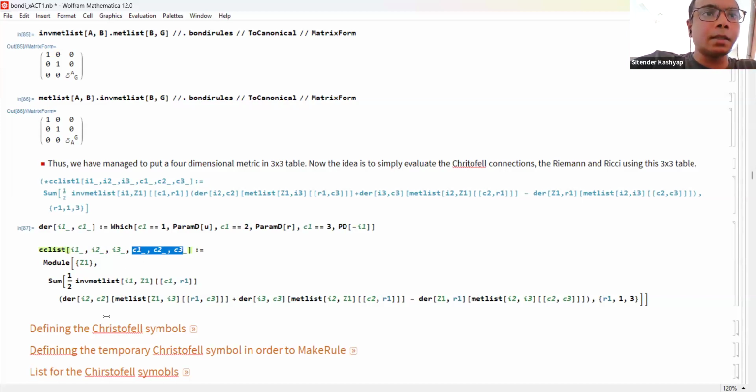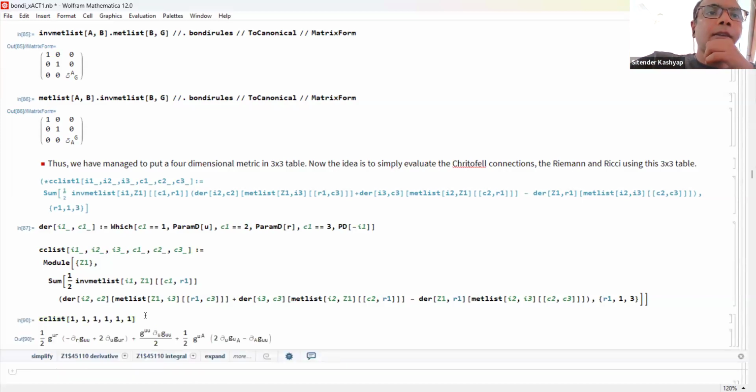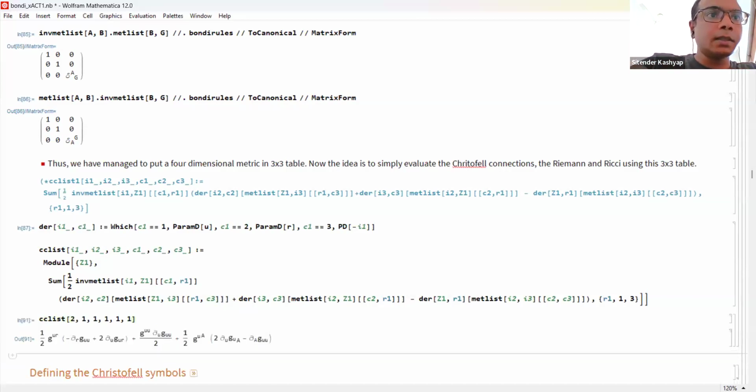Let me enter one example and show it to you. Let's say we want gamma 1, 1, 1. It doesn't matter what the corresponding things are. It gives us the Christoffel connection gamma UUU. If I put a 2 here, it really doesn't matter.